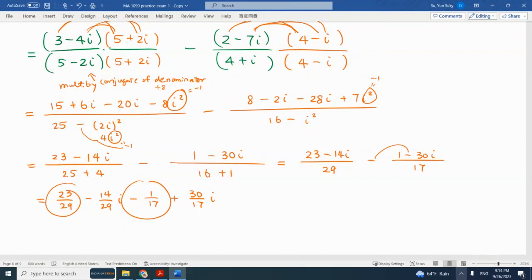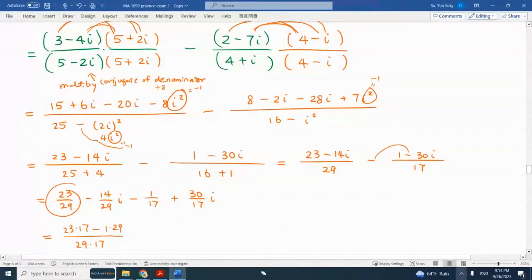Oh, well, this is a big number, isn't it? Okay, so common denominator, I would say 29 times 17. And then you multiply the 23 by 17, and then you minus the 1 times 29. Is everybody okay with that?